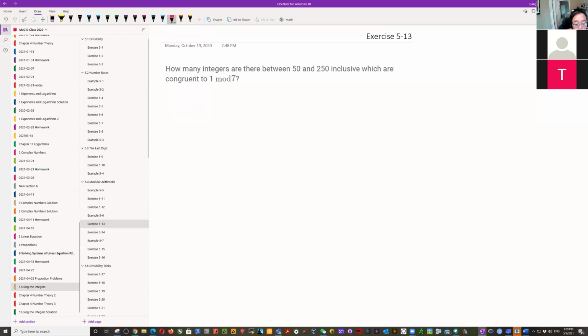What number is congruent to 1 mod 7? Actually 50, because 50 divided by 7 is 49 with remainder 1.